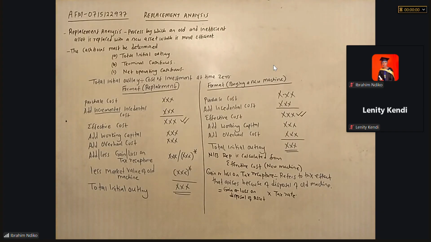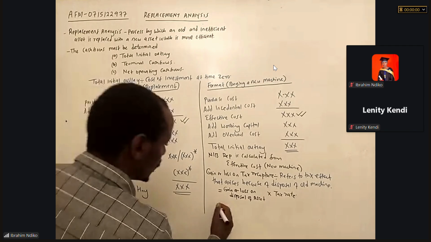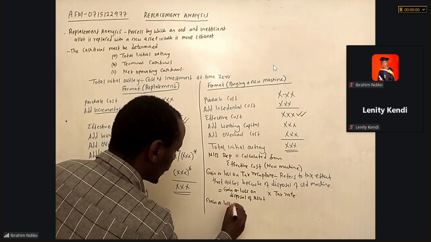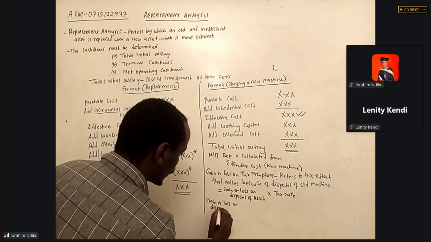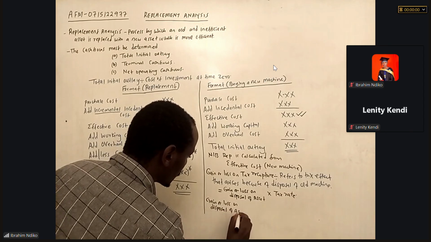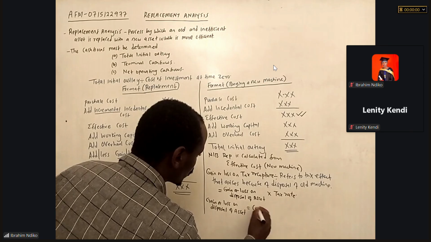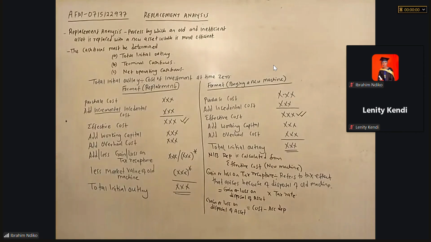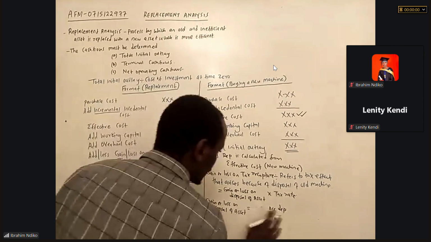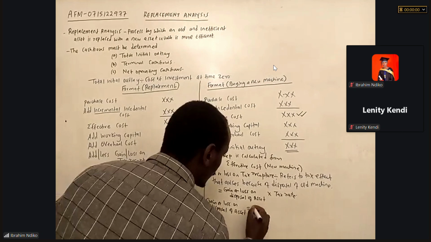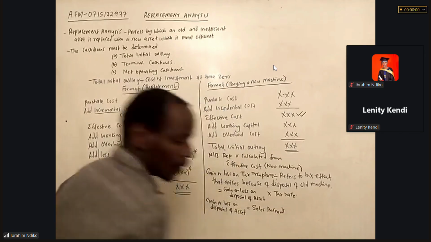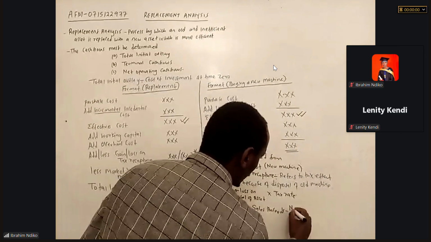So how do you get the gain or loss on disposal of the asset? It is equal to sales proceeds minus net book value.